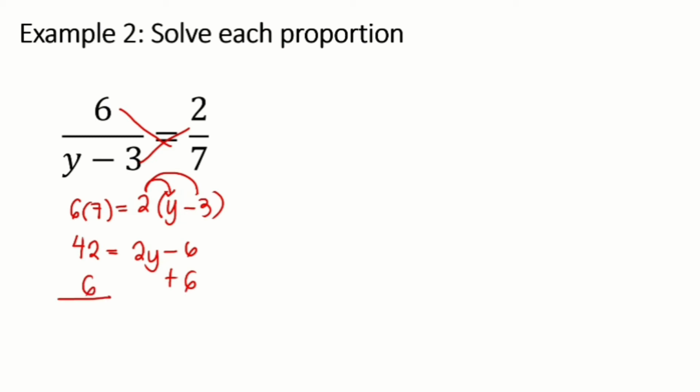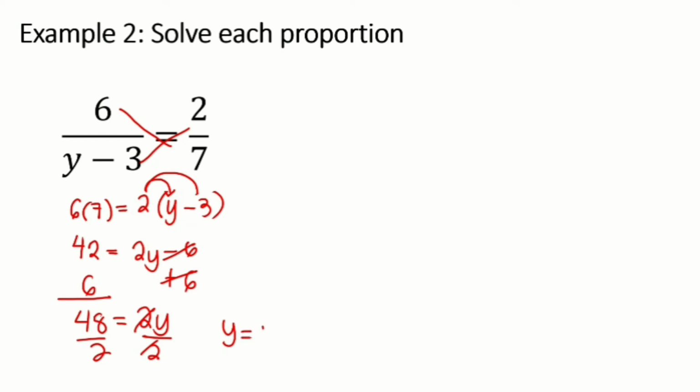So 42 plus 6, that is 48, equals 2y. Then negative 6 plus 6 produces 0, so this can be cancelled out. Next, we divide both sides of the equation by 2. So y is equal to 48 divided by 2.